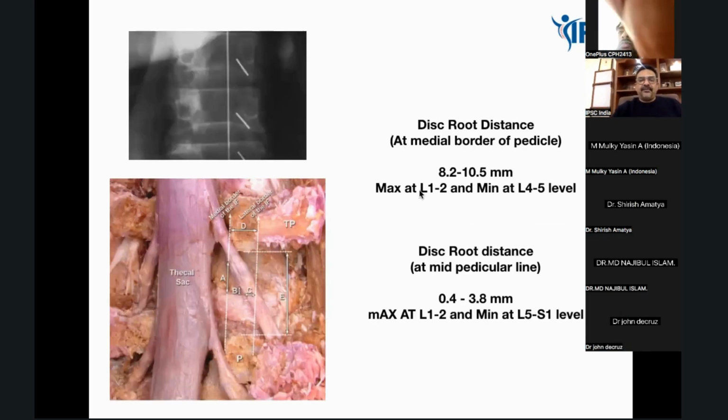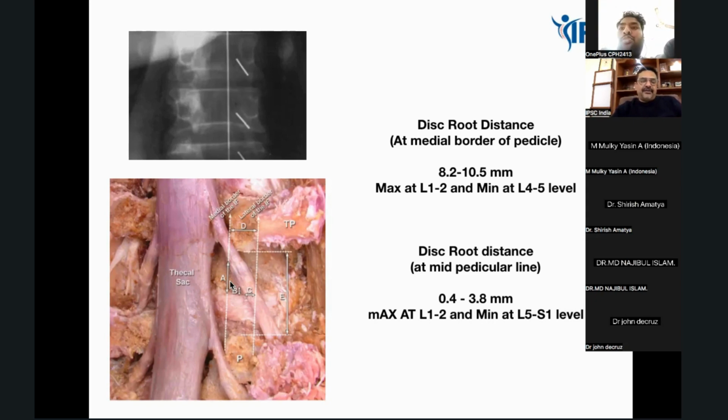Disc-root distance at the medial border of the pedicle: this means the distance between the disc and the root. You can see here, this is maximum at the L1, L2 level, because we know the exiting root takes a more horizontal approach. That's why this distance is more. As we go down towards the L4, L5, S1 level, this distance becomes less.